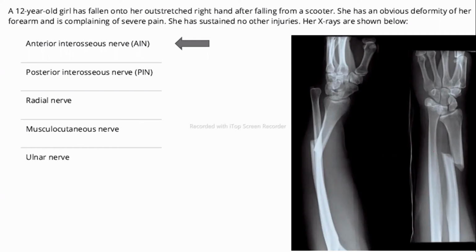You can try reduction with neurovascular assessment before and after. If adult, it's open reduction, ORIF. If young, you can do manipulation and closed reduction. So it's different.